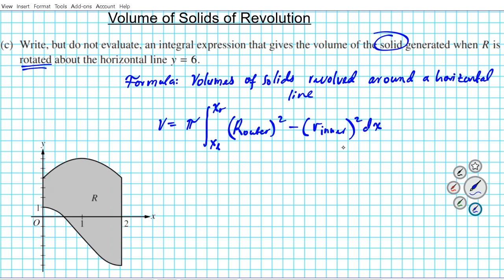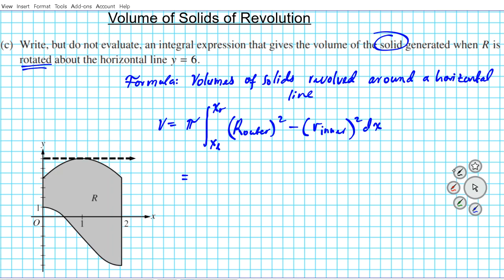So how do you get r outer and r inner? It depends on where your axis is located. If your axis is above your region, as in this case, y is equal to 6, this is the axis right here: 1, 2, 3, 4, 5, 6. When the axis is above, the axis will show up first in your setup.